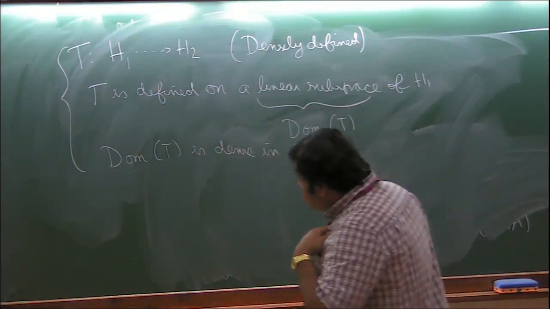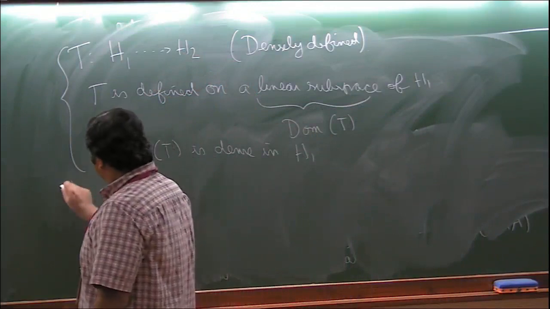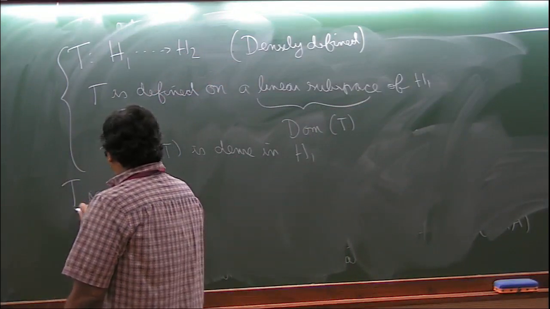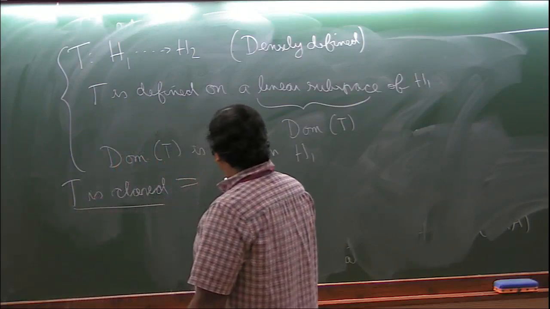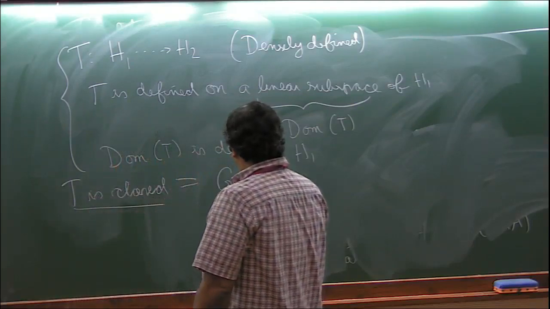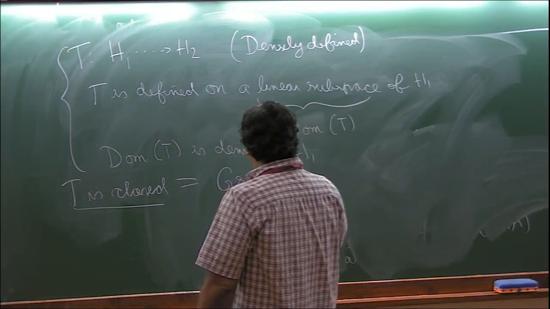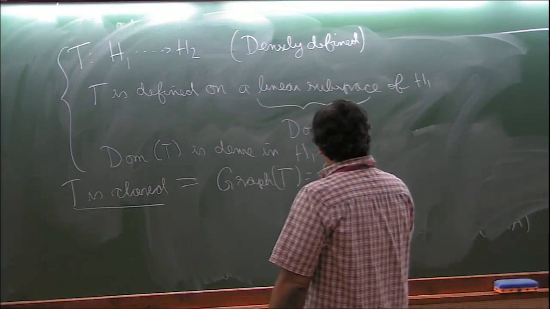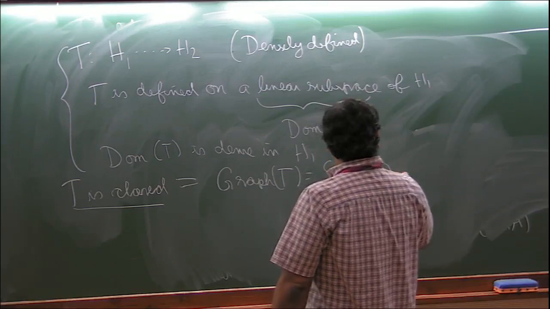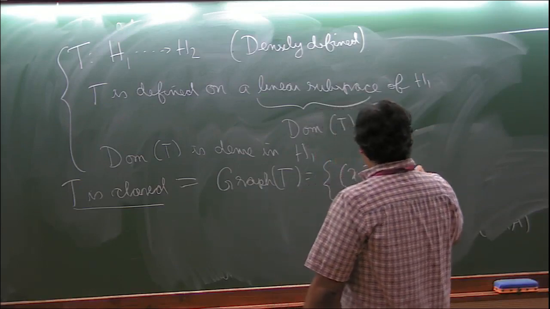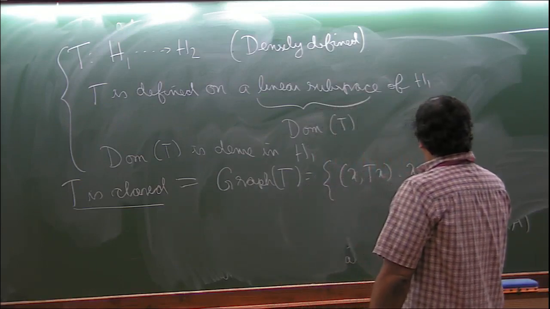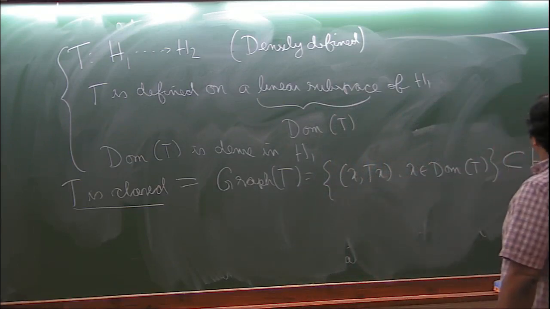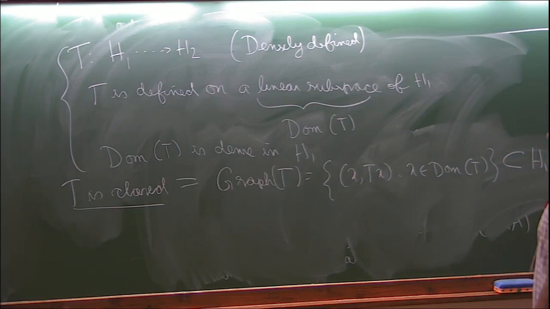And then what does closed mean? This means you look at the graph of T. The graph of T is the set of x comma T of x, where x is in domain T, which is a subset of H1 cross H2.